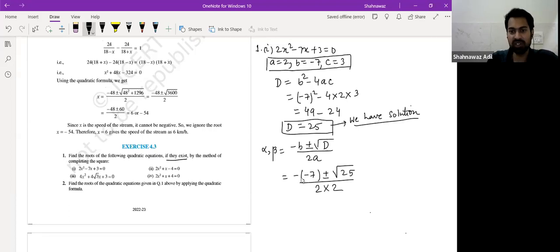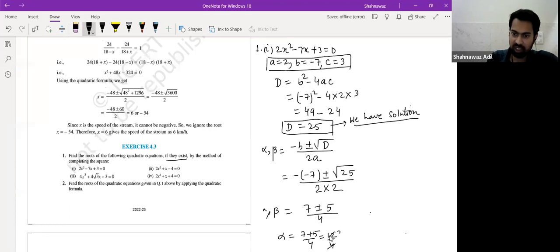So this is the best method. You just calculate this and you get the answer. So 7 plus minus 5 by 4. So first let's take the positive. 7 plus 5 by 4, 12 by 4, this is 3. And beta is 7 minus 5, 2 by 4, which is half.